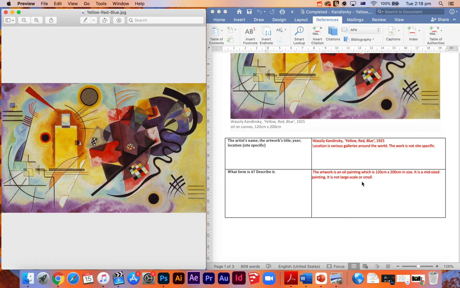If it's a large work, we can see it as making the audience feel small, or if it's a small work, it draws the audience in and makes them look closer. So this is just a regular mid-sized work.